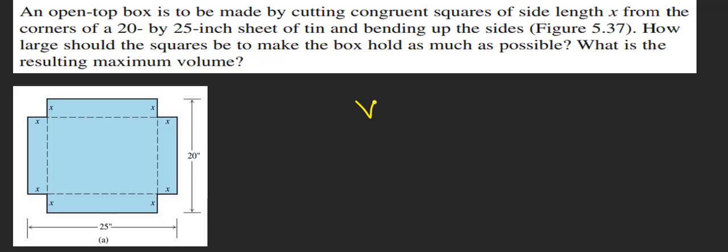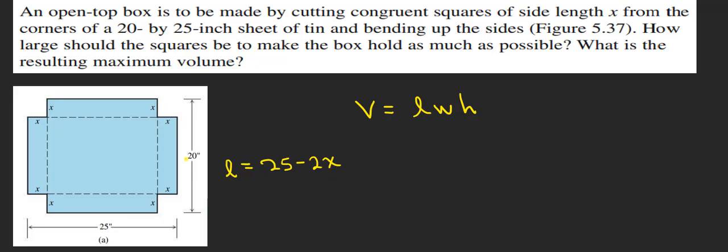And you know that the volume of a box is length times width times the height. So this is our primary equation, because we've got to find the maximum volume. So we've got to find the derivative of volume. But what is the length? The length is going to be 25 minus 2x.